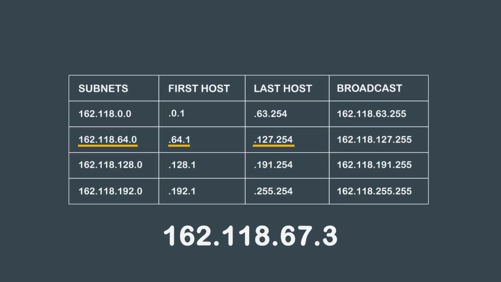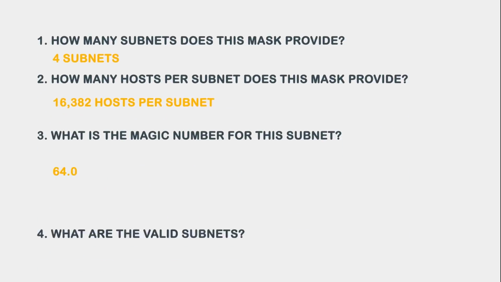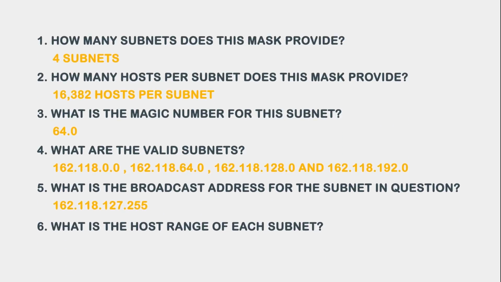Our IP address for this problem is 162.118.67.3, and we can now see that it falls within this range. Based on our chart, this now tells us that the broadcast address and the answer to question 5 is 162.118.127.255.